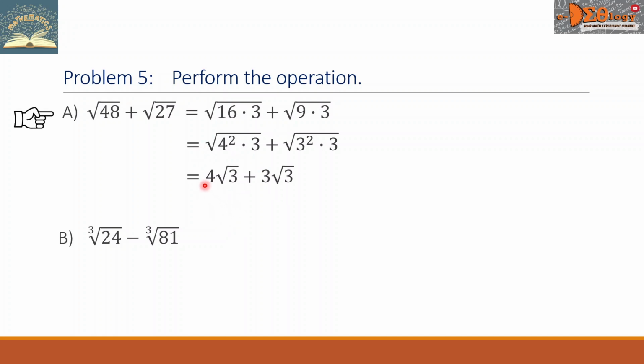So it becomes 4 square root of 3 plus this 3 squared, and the number 3 comes out, so 3 square root of 3. Now we have radicals with the same index and the same radicand. In that case, we combine the numerical coefficients of the radicals. So we have 4 plus 3, that is 7, and we copy the same radical, the square root of 3.